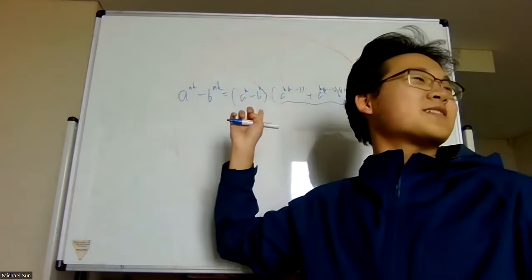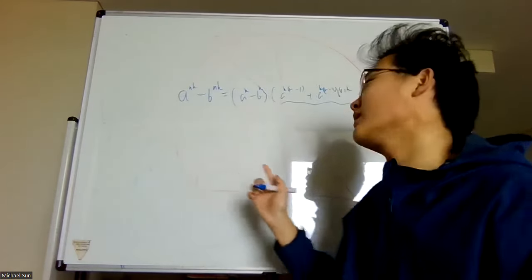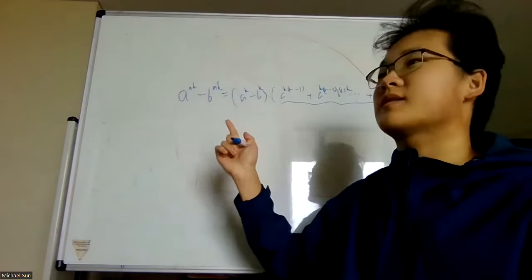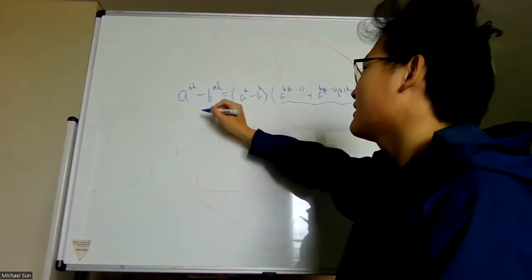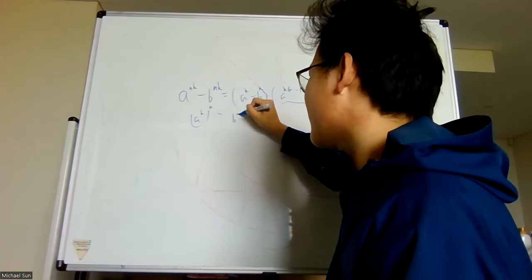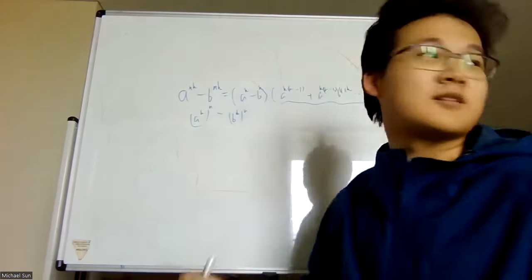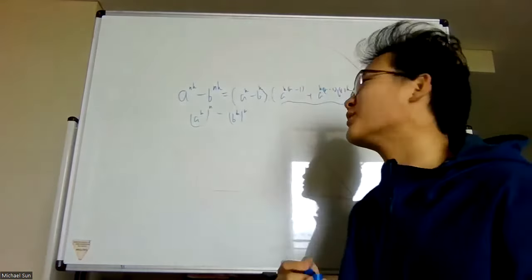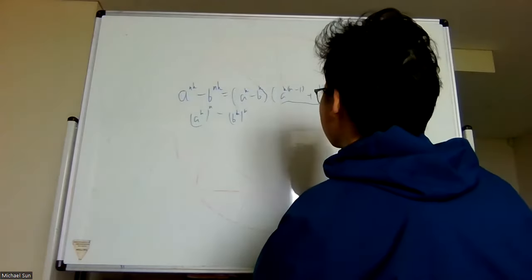Is this true, guys? Because you just raise everything. Instead of viewing it as a^(nk) minus b^(nk), you just view it as (a^k)^n minus (b^k)^n. Yeah, cool. Hopefully people understand this.